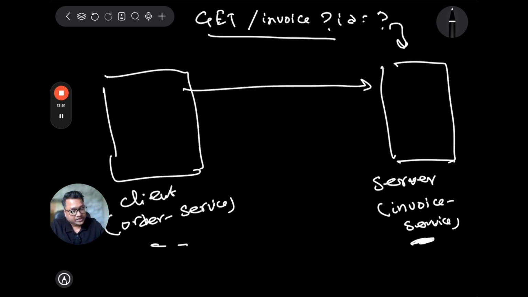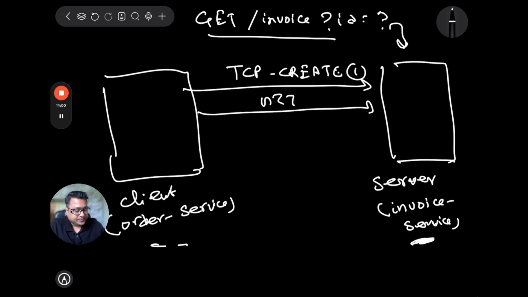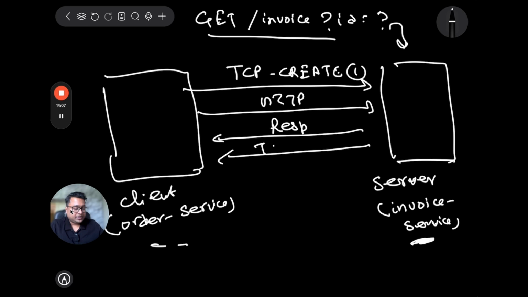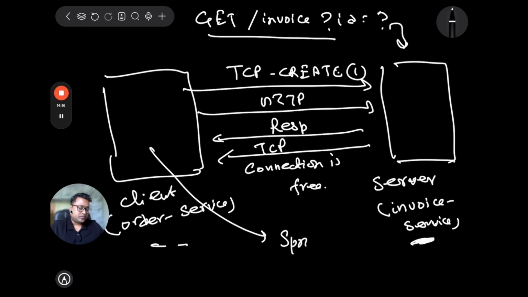So this is one part, and then you will send the HTTP REST call, then you will get a response, and then this TCP connection is free. So this is your service, let's say your Spring Boot app.